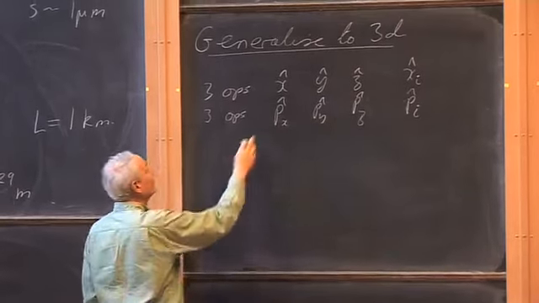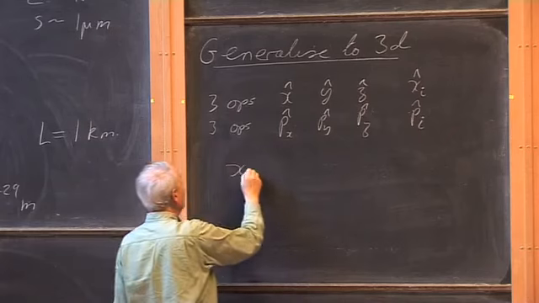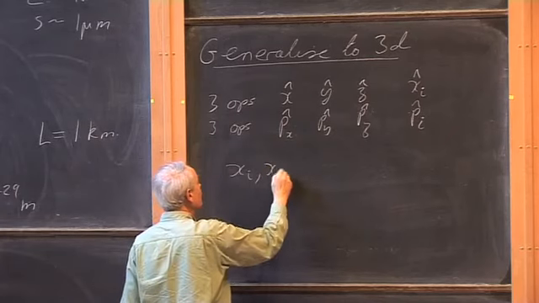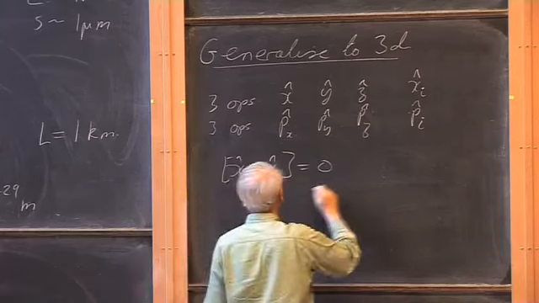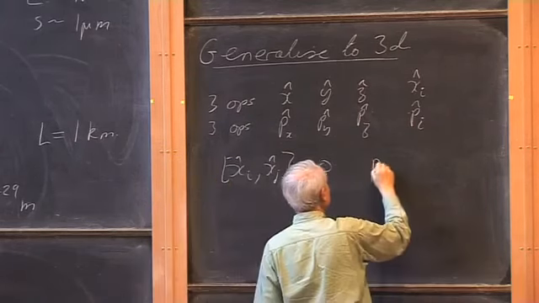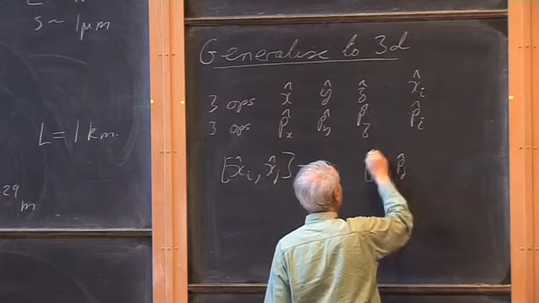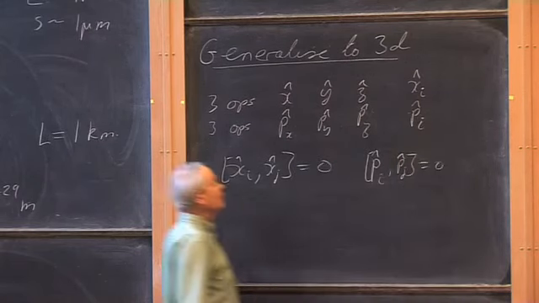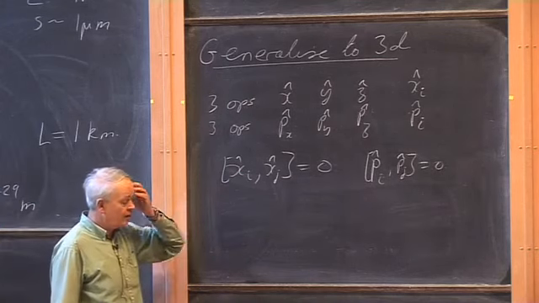And we have that every one of these operators commutes with the other one. So we have that the commutator of x_i and x_j is nothing, and every one of the momentum operators commutes, the commutator of p_i and p_j equals nothing. So it is possible to simultaneously know your x coordinate, your y coordinate, and your z coordinate.